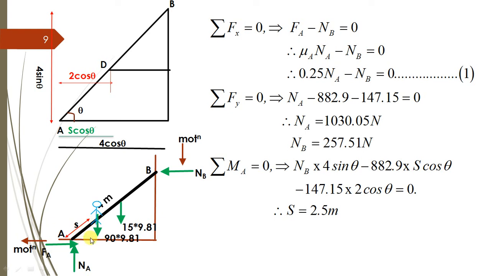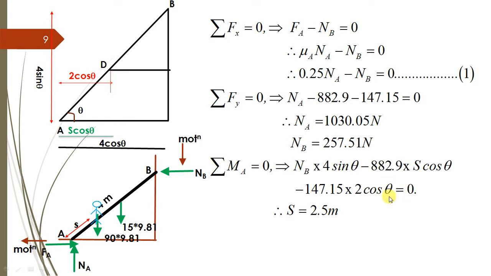So this is the force into perpendicular distance S cos of theta, which I have written over here. Then again the horizontal distance of the weight of the ladder: this total distance is 2 meter, so 2 cos of theta, so 147.15 into 2 cos of theta.